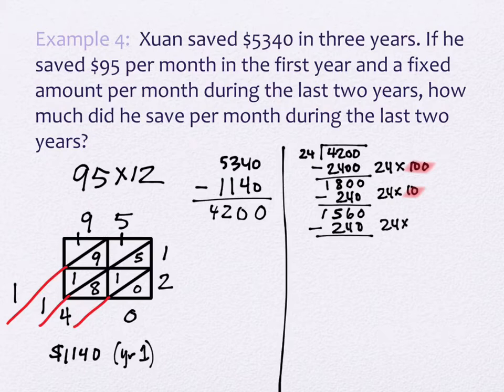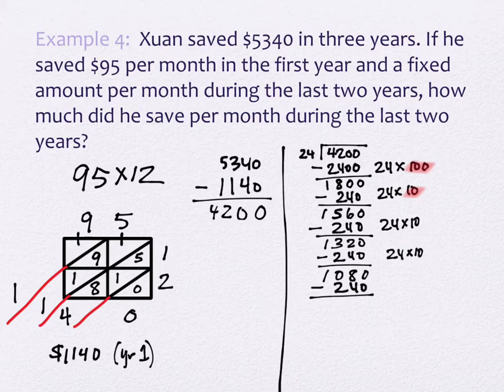Another 24 times 10s. 0, 2, 3, 1, so 1320. So 0, 8, 1080. 840.